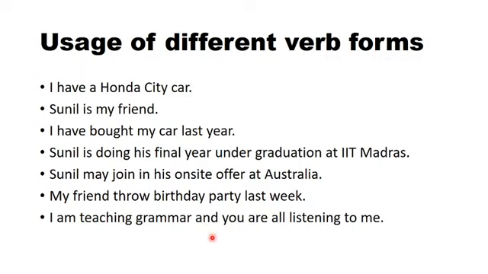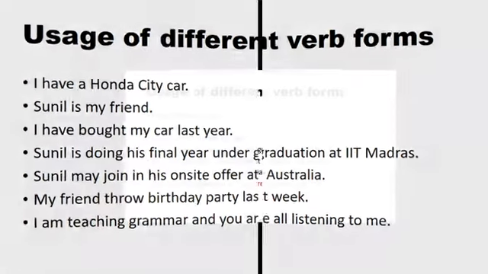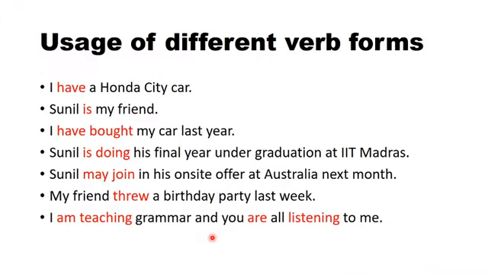Okay, I guess you have completed. Now the correct verbs are: in the first sentence it is have, second sentence is, third sentence have bought, fourth is doing, fifth is may join, sixth is through, seventh is am teaching and are listening. Now you can understand clearly this is a have verb. That's why I have a Honda City car.